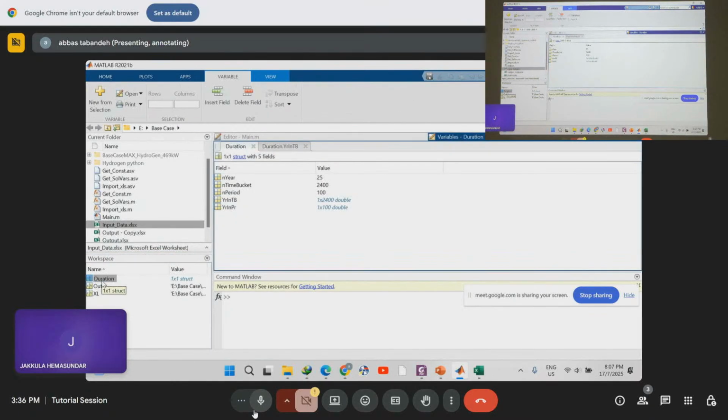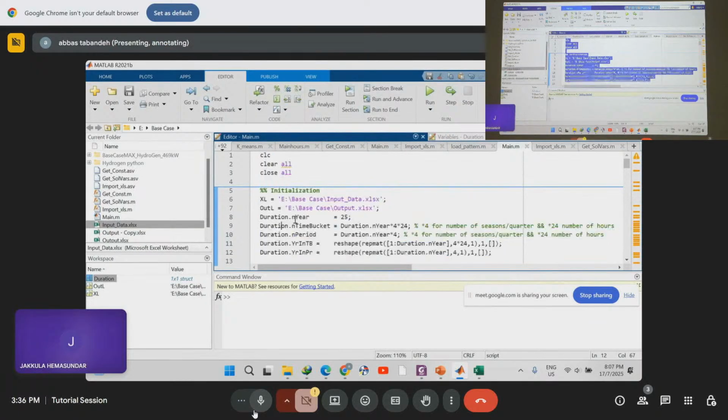If you open the duration, it consists of the parameters that we have defined. To define a structure, for example for duration, we need to put a dot. If you are not familiar with structures, you can search easily in MATLAB.